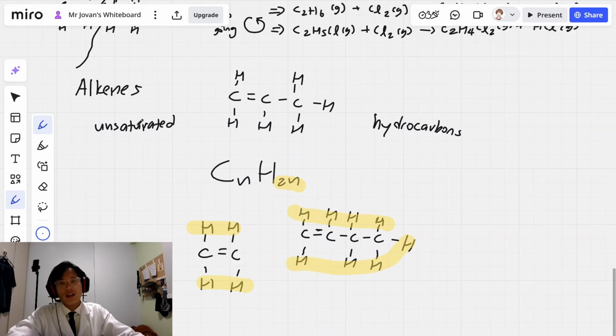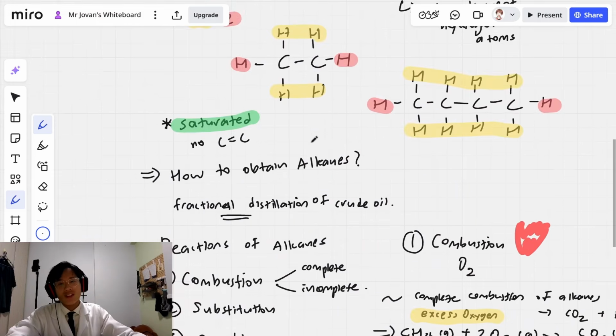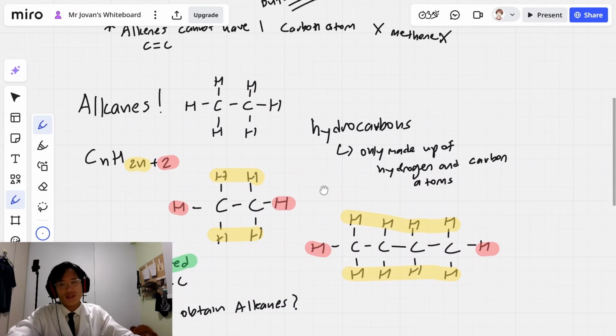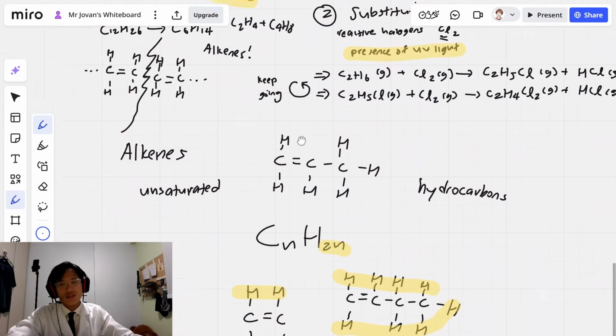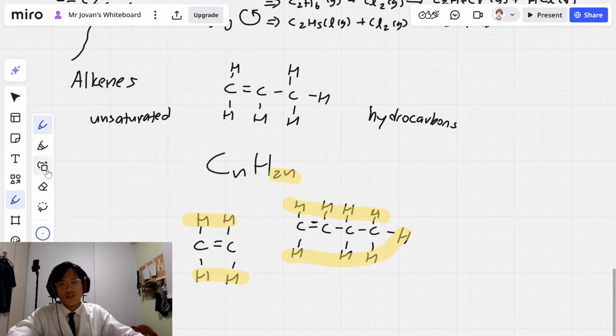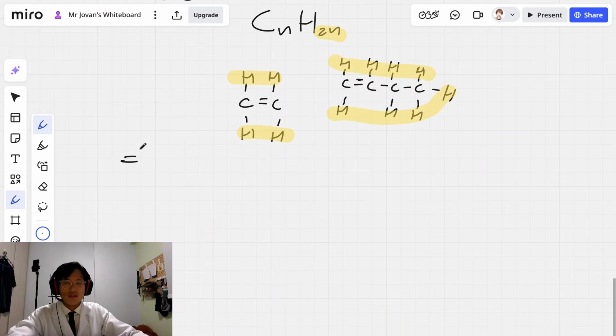And what do we call them? Unsaturated hydrocarbons. Just now for alkanes, what was it? Yes, saturated hydrocarbons. Very good. So alkenes unsaturated, alkanes saturated. If I have a double bond, it means I'm unsaturated.